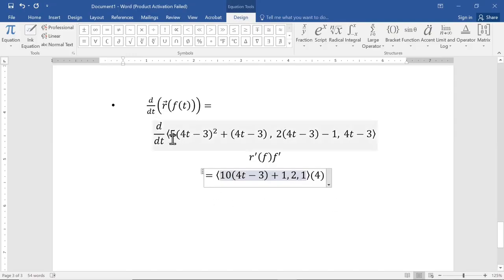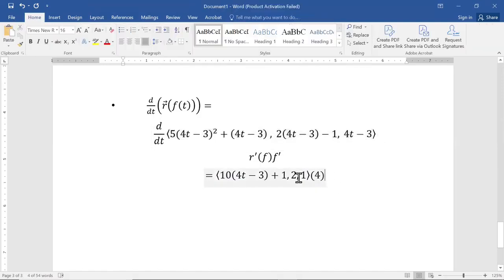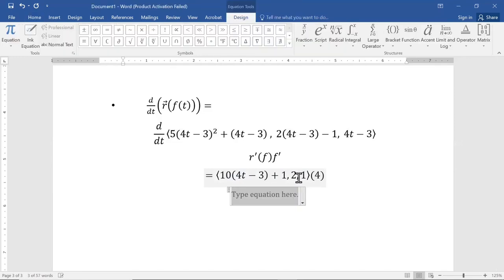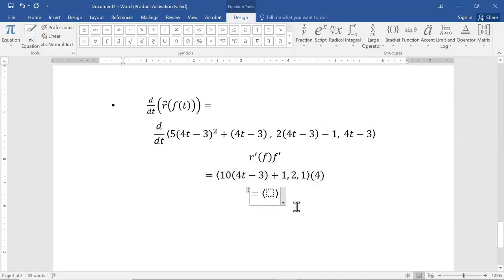Notice that trying to take a derivative of this messy looking polynomial stuff is going to be more difficult in general than doing this. So what we end up with is 40t minus 30, comma, 2, comma, 1, all multiplied by the scalar 4.